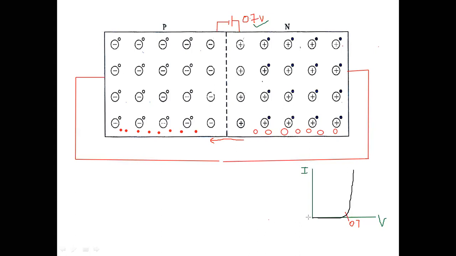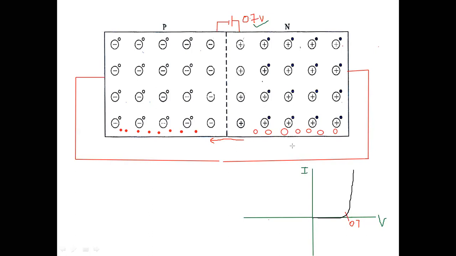What is the problem with PN diode? In a PN diode, if I reverse bias, then due to the avalanche mechanism, what will happen?